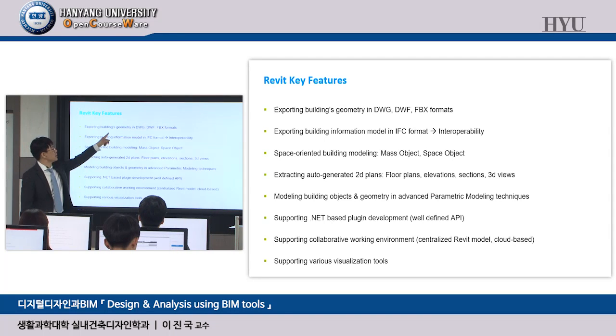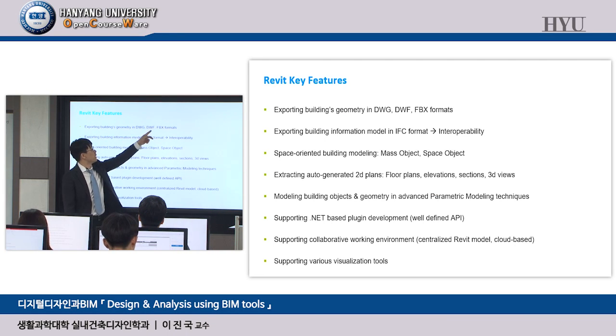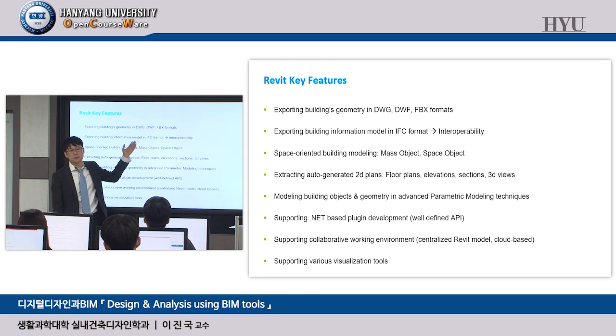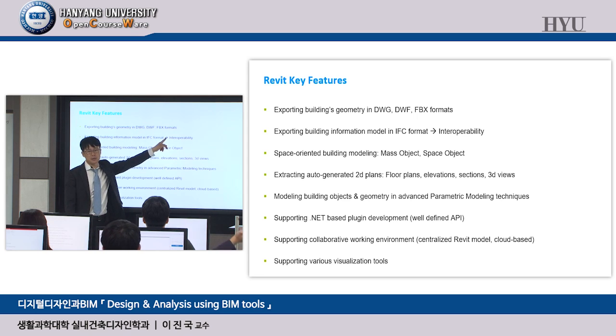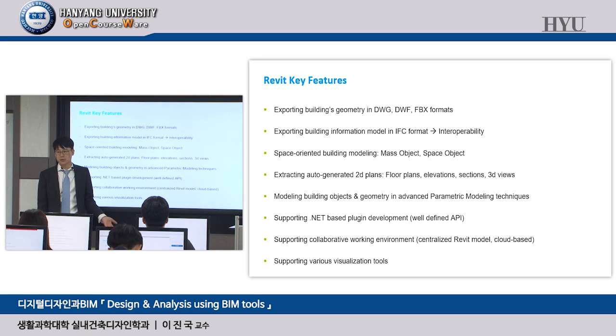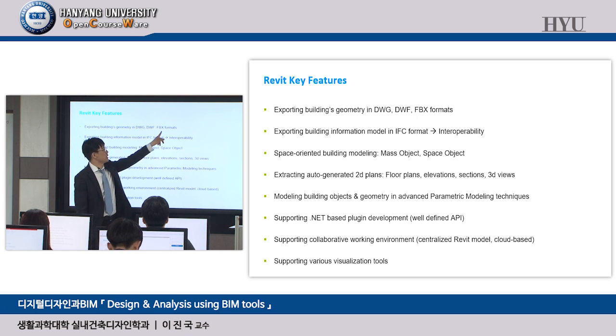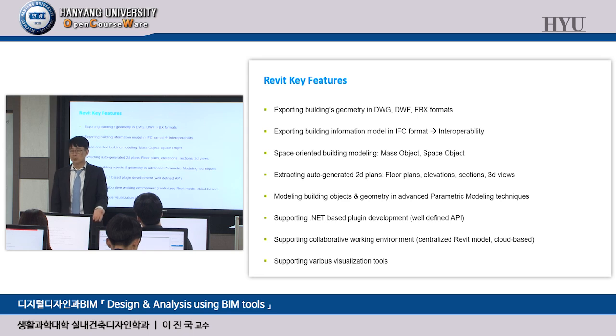Firstly, exporting building geometry in DWG, DWF, FBX. What are they? They are geometric file formats, CAD formats. What is the difference between DWG and FBX? DWG actually contains only geometry usually, but FBX supports texture map, lighting, okay?